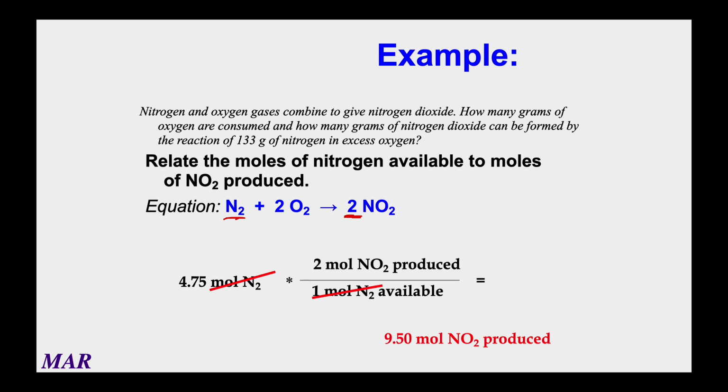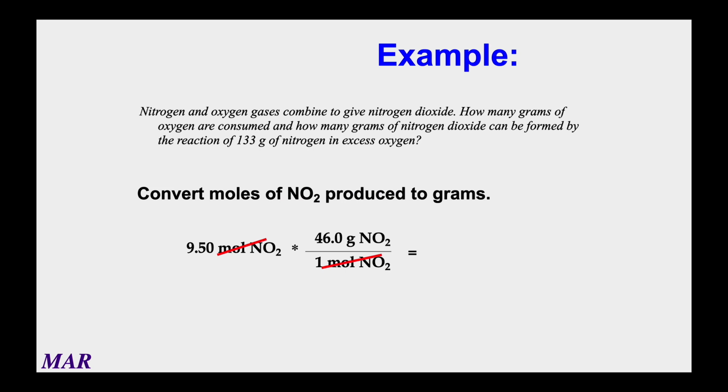So this is another grams, moles, grams conversion, but this time it's from moles of N2 to moles of NO2. And the next step will be the one where we turn it into grams. If you look on the periodic table, a nitrogen plus 2 oxygens is roughly 14 plus 2 times 16, where 14 and 16 are the numbers for N and O on the periodic table. That comes out to be 46 grams, or 46 grams per mole.